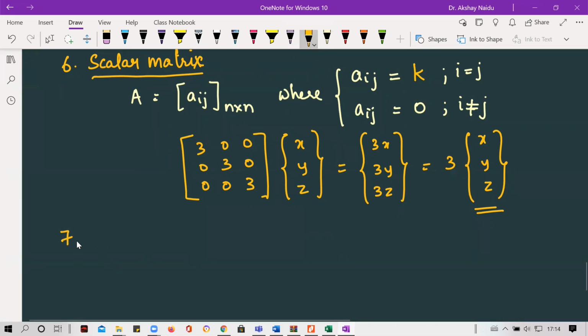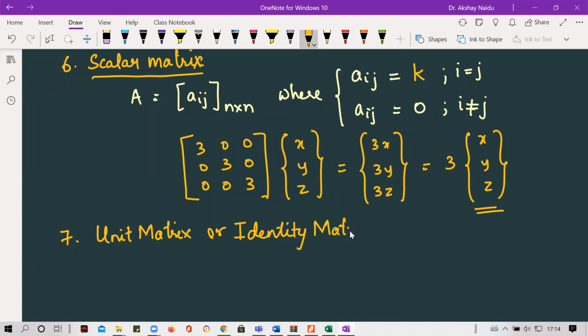Now, unit matrix or identity matrix is a scalar matrix with the value of k as 1. So we know this. This is from high school.